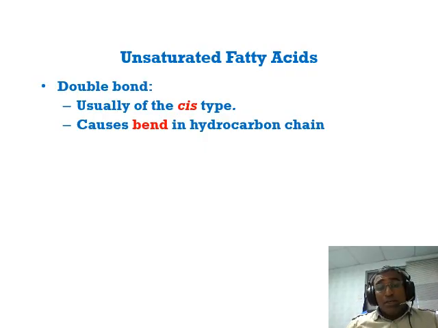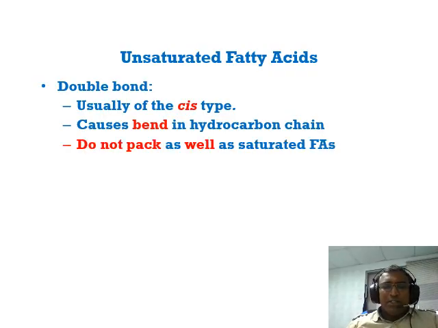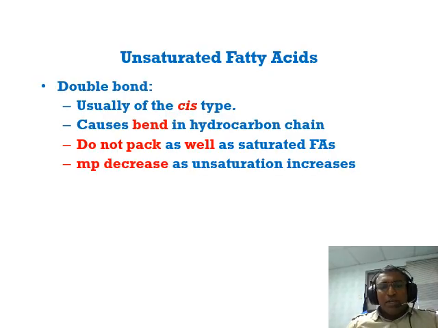And then the unsaturated fatty acid, because of the double bond, will bend, and this is referred to as the kinks. It does not pack very well compared to saturated fatty acid. Because of not packing very well, it has a lower melting point.